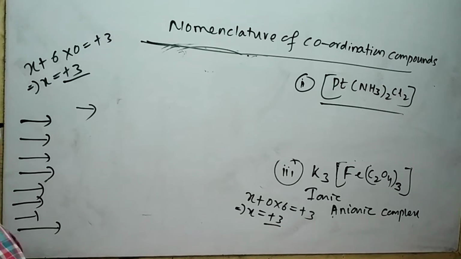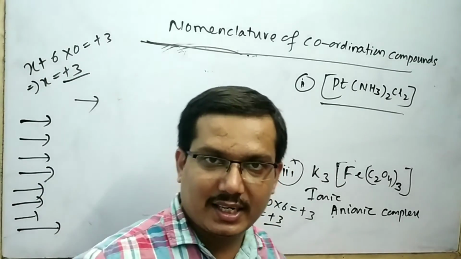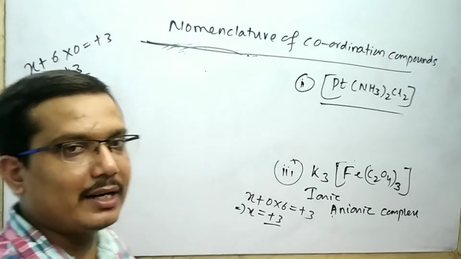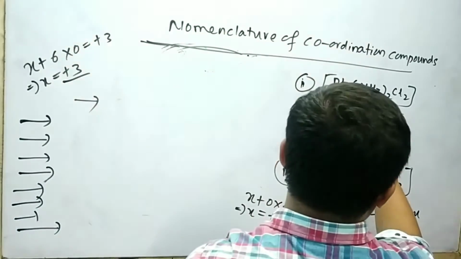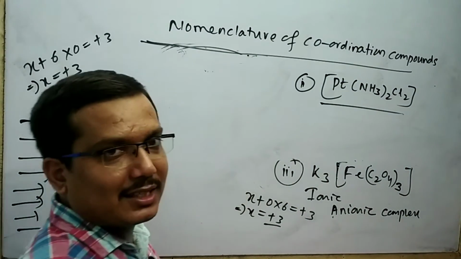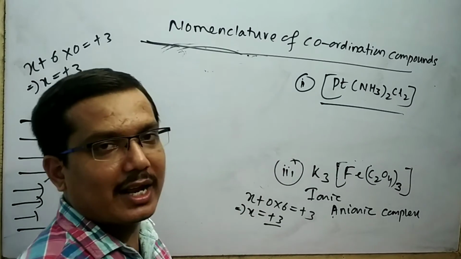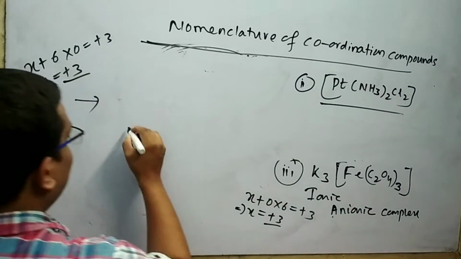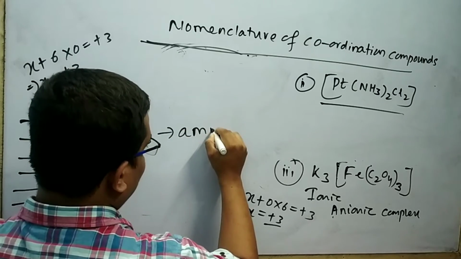Remember another rule: if 2 or more different types of ligand are present, then the ligands are written in alphabetical order. Look at that. In this case, 2 NH3 ligands are present and 2 Cl minus ligands are present. The name of NH3 is ammine.